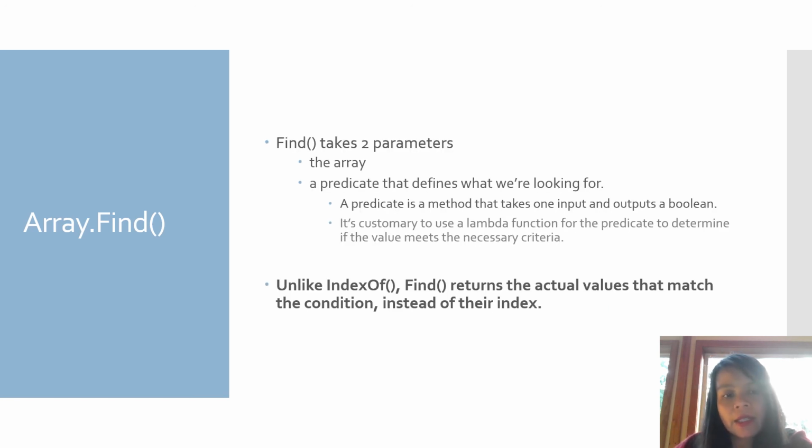Array.Find takes 2 parameters: the array and the predicate that defines what we're looking for. A predicate is a method that takes one input and outputs a boolean. It's customary to use a lambda function for the predicate to determine if the value meets the necessary criteria.